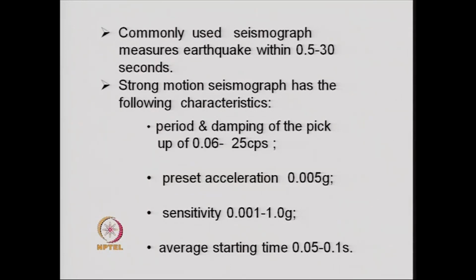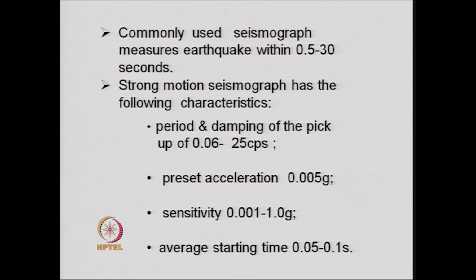The strong motion seismograph has the following characteristics. Period and damping of the pickup is 25 cycles per second and 0.06. Preset acceleration is 0.005 g.